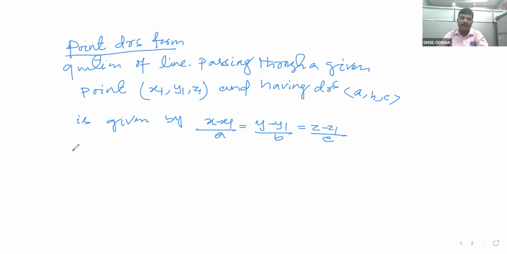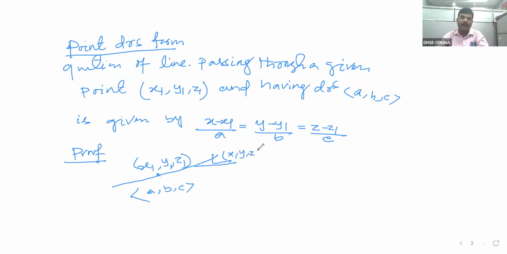Come to the explanation or proof. Suppose this is the line L. There is a point on the line having coordinates x1, y1, z1, and the DRS of the line are a, b, c. Let x, y, z be a variable point on that line.